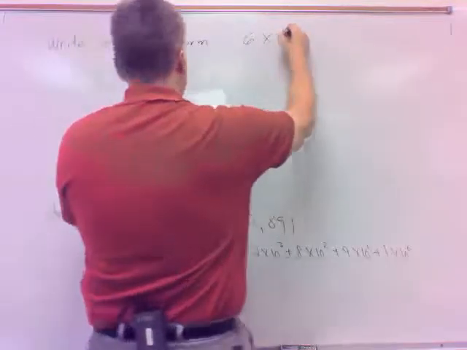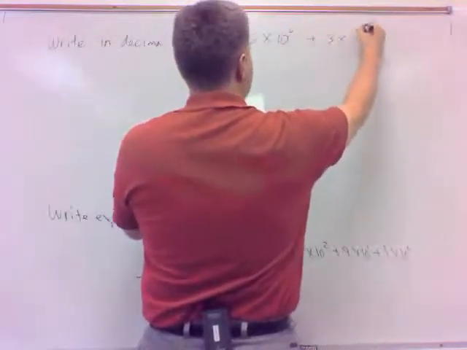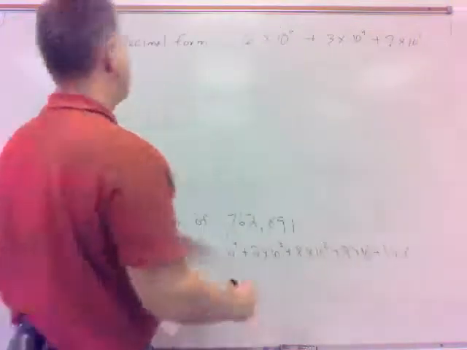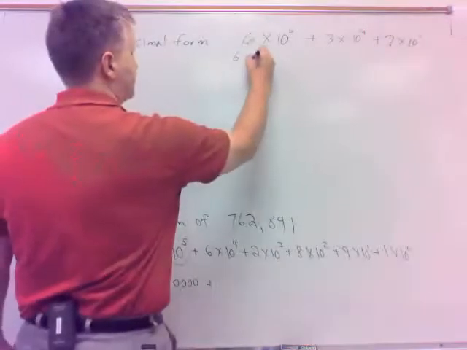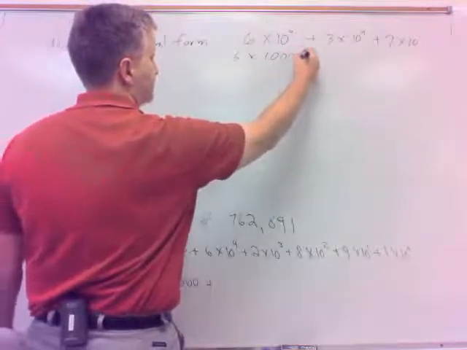6 times 10 to the 6th, 3 times 10 to the 4th, 7 times 10 to the 1st. So I just want you to simplify that. If you think of it, this is going to be 6 times, and then 10 to the 6th means 1 with 6 zeros.